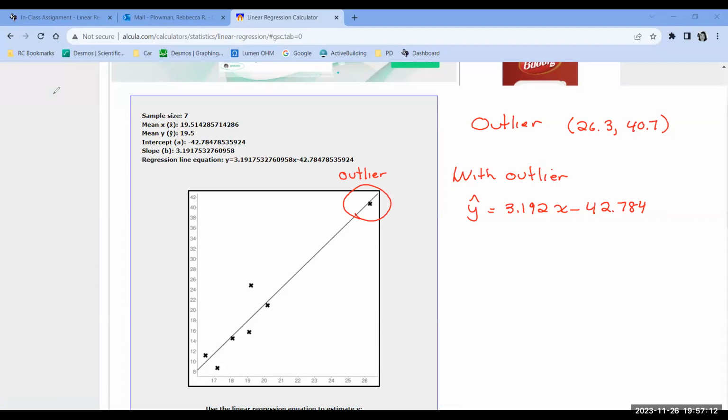So if we kept that outlier in here, we already found we get this line of y hat equals 3.192x minus 42.784. So what I want to see is if I remove that outlier, what do I get?